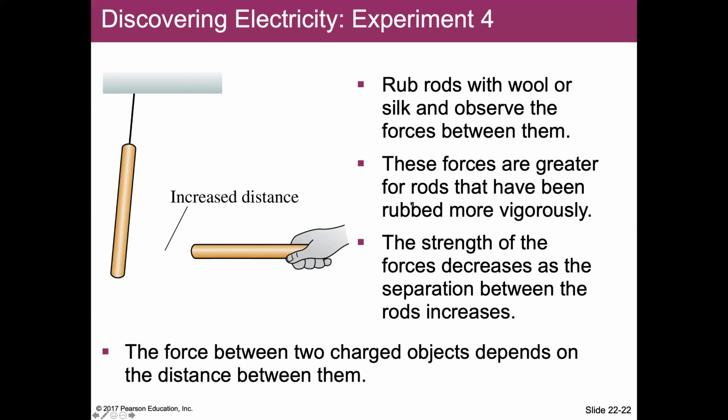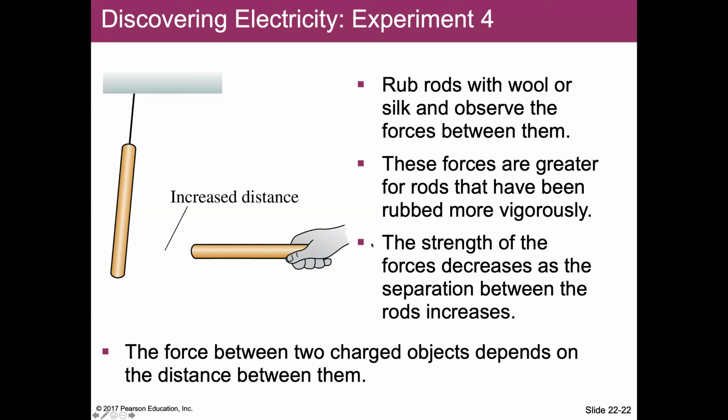That means if you rub the rod vigorously, you put more energy into rubbing it, and the rod gains more charges. So more charges result in greater force. This is rule number 1.